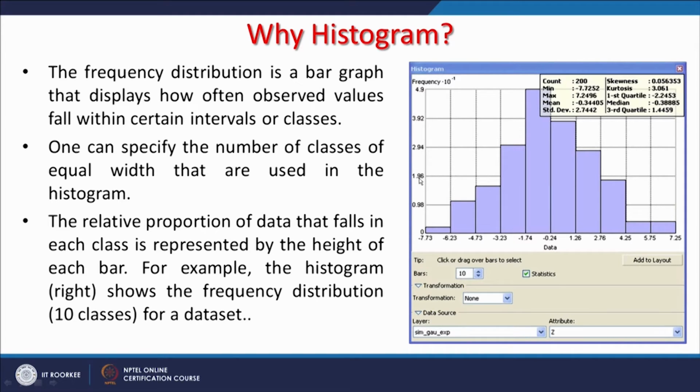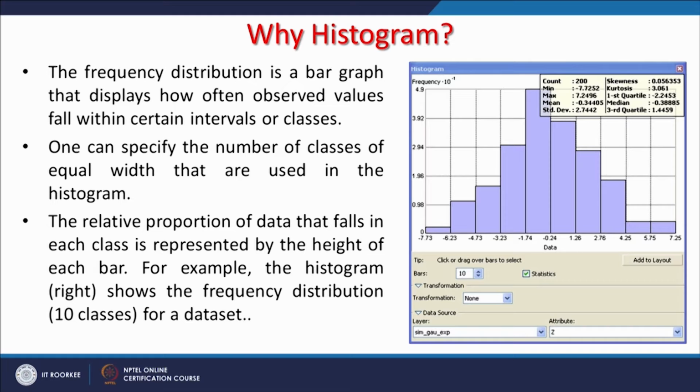So how many times does a range of pixel values occur? Because for each pixel value we do not have a line, but for a group of pixel values a bar is here. So for a group of pixel values, what is the repetitiveness of these pixel values within that image or within that band? This is how it is distributed.